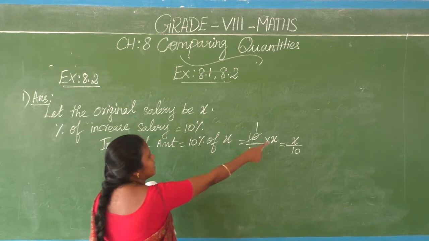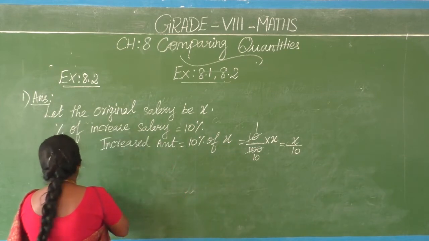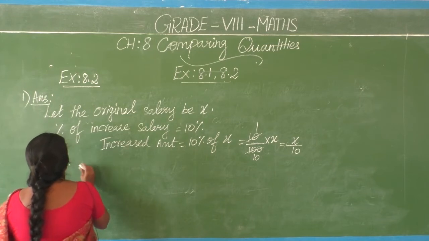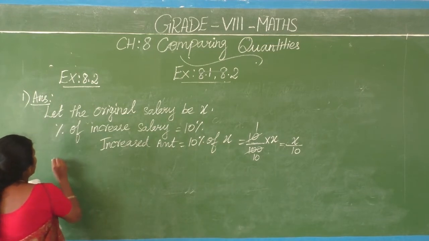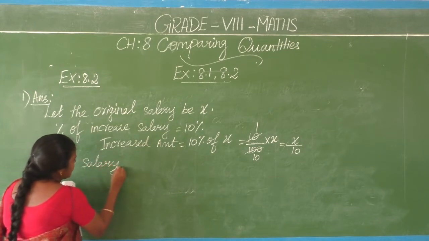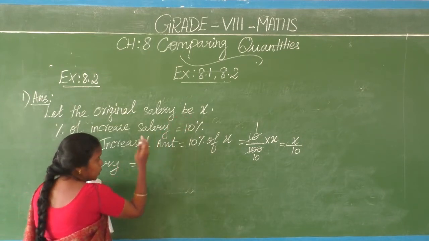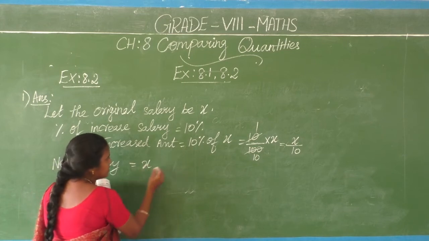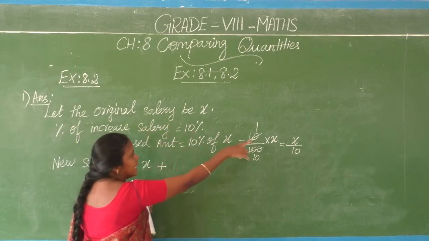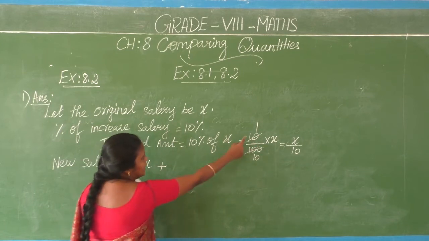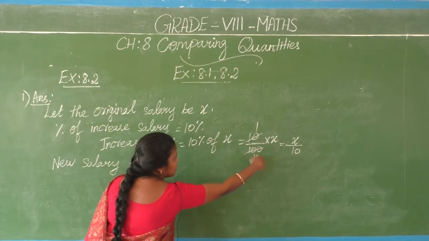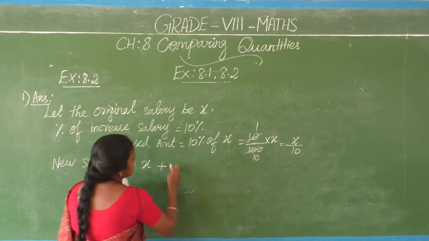That original salary we consider as X. They mentioned a new salary, so how does the new salary come? Therefore, the new salary is the original salary X plus the increased amount, 10% of the original salary, which simplifies to X by 10.